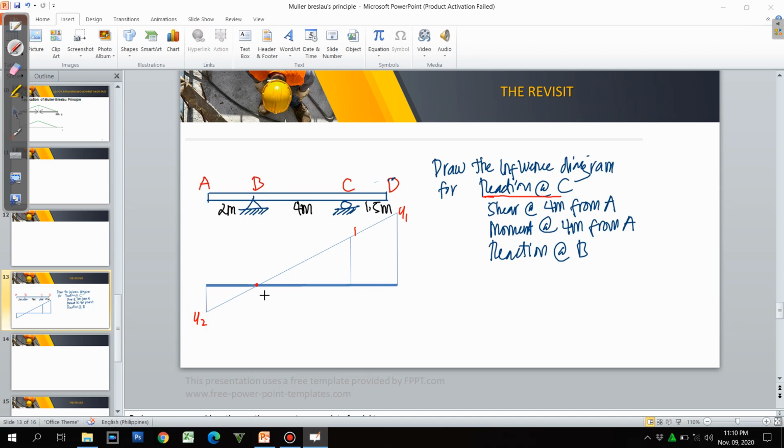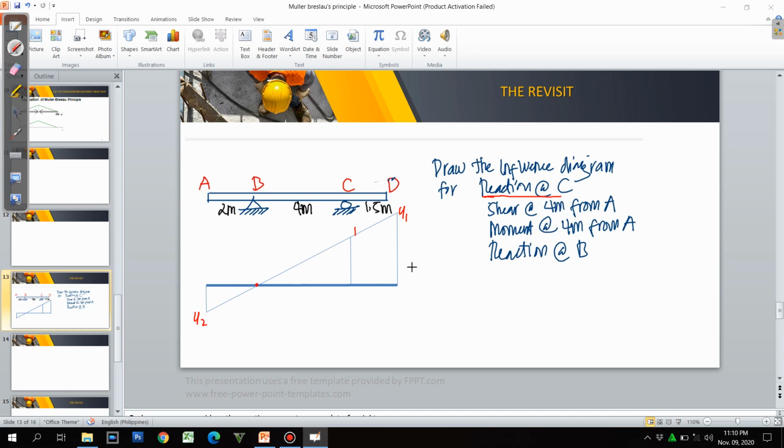So by similar triangles, we just have to use ratio and proportion in order to determine y1 and y2. The known variable here is the ordinate at this point. So we are going to utilize this triangle, and this triangle is similar to the triangle with y1 as the height and y2 as the height.